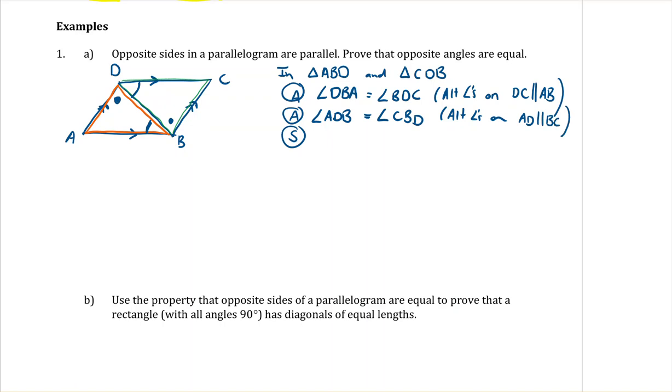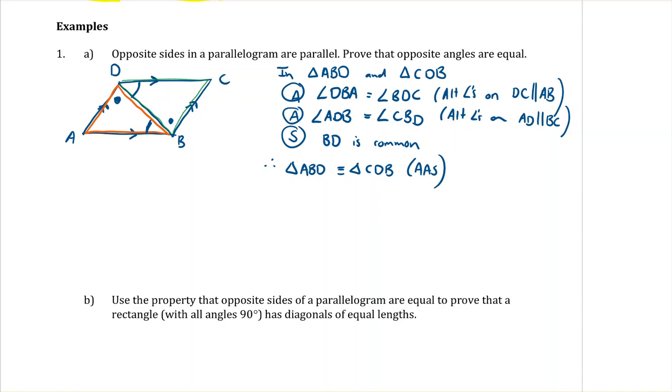Okay, and finally my side was BD is common. That means, therefore, triangle ABD is congruent to triangle CDB because of AAS.